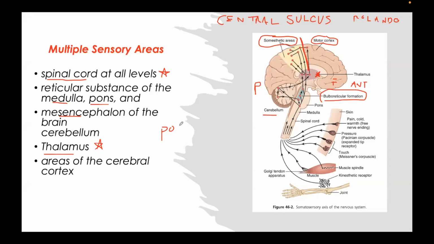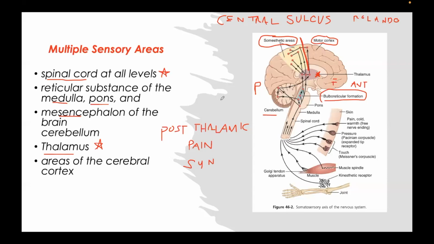What do we call post-thalamic pain syndrome? What is the name of this syndrome? Post-thalamic pain syndrome. Okay, anyone? What do we call this disease?